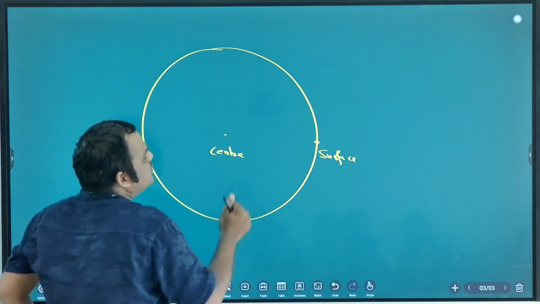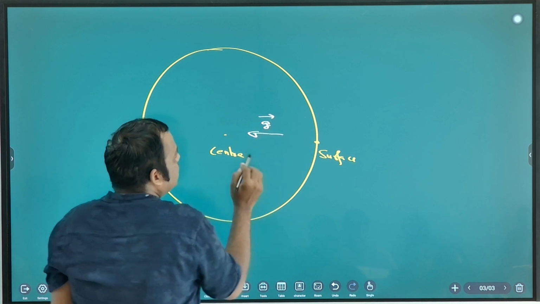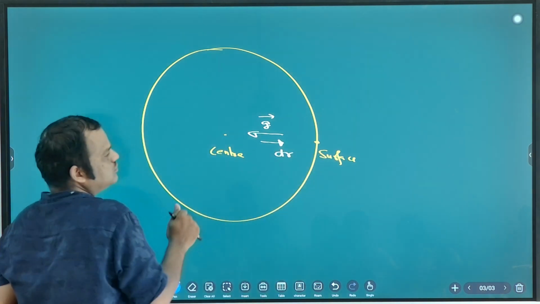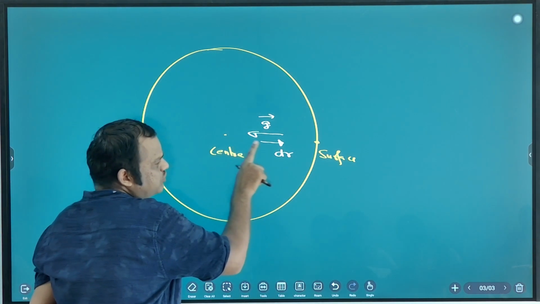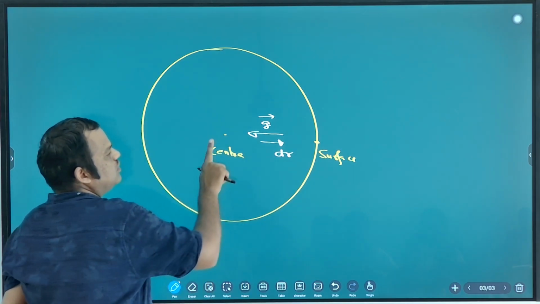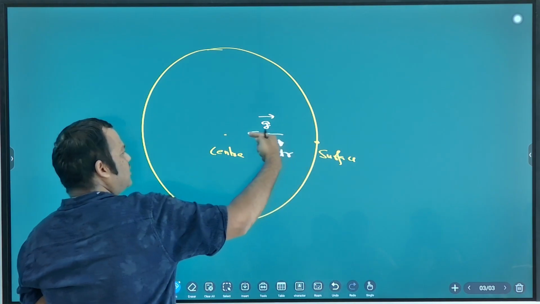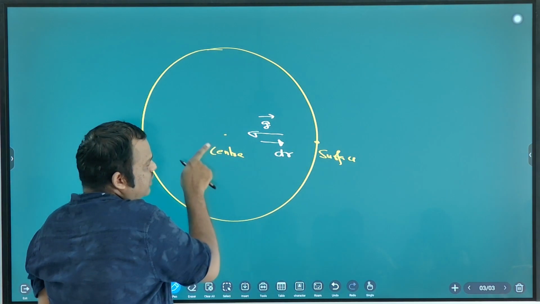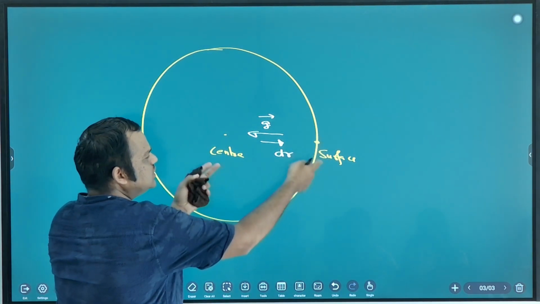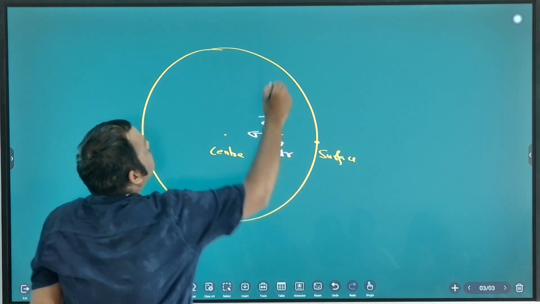Very good. Suppose I am moving center to surface, dr. Am I going from low potential to high potential or high to low? Low to high, very good, because the direction of the G vector is towards the center and I am moving from center to surface. So which has high potential, center or surface? Surface, very good.